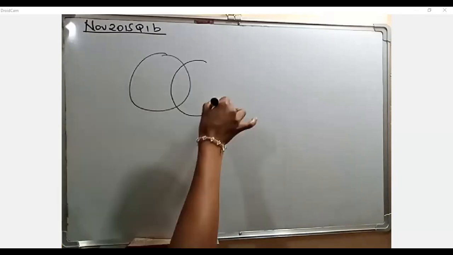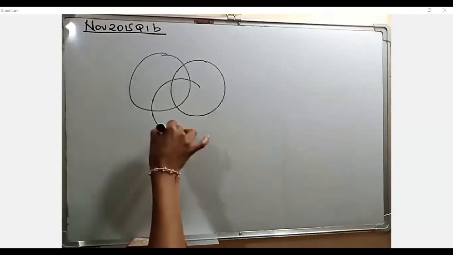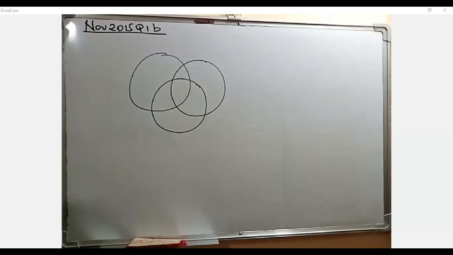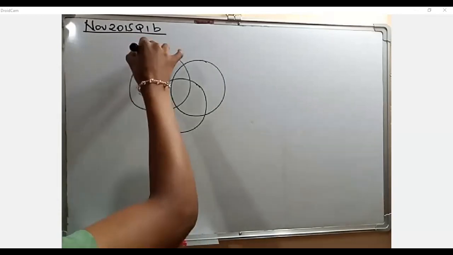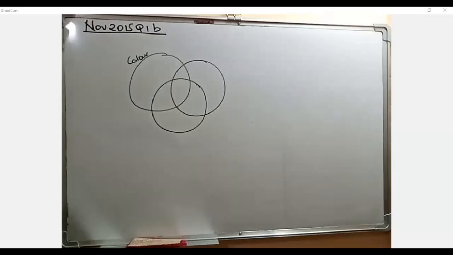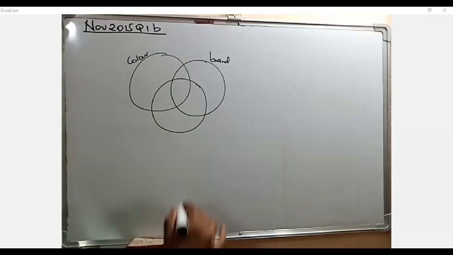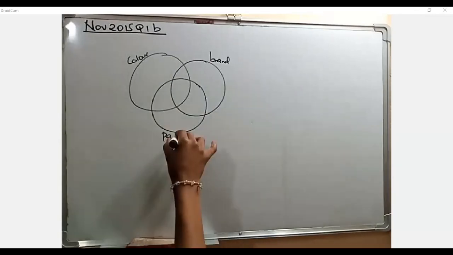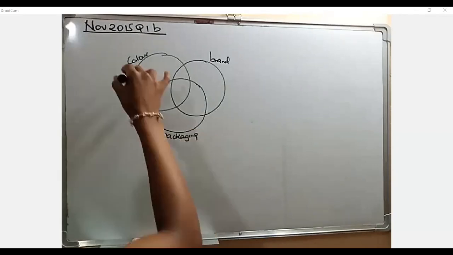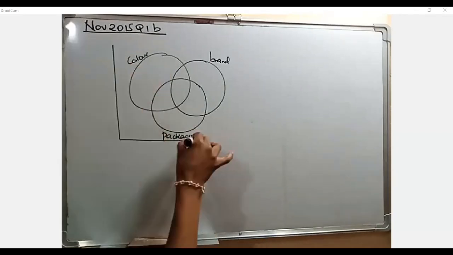It looks like this, right? Based on how they are given, just give in ascending order. We have color here, right? The other one we have brand. And the last one, we have packaging. So it looks like this.